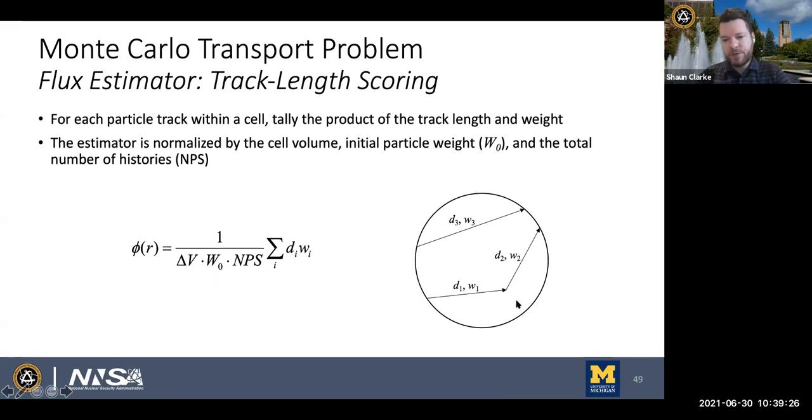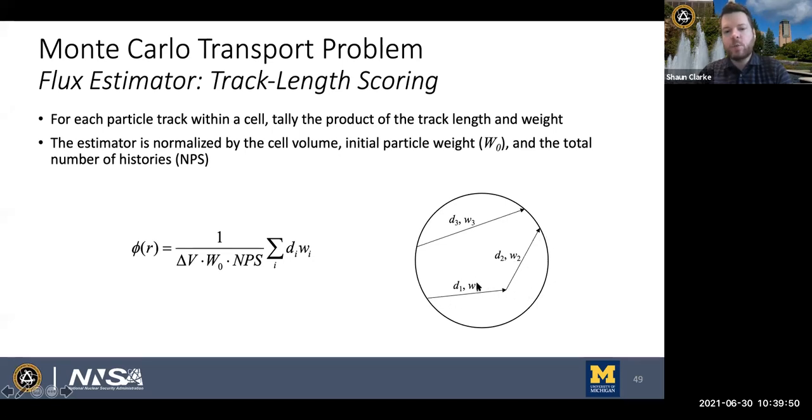The circle here is the volume inside of which we're interested in tallying flux, and here is the recipe, which gets applied for every particle track, every history in the problem. The approach is to take a sum of the distance, d sub I, which is the distance that each track spends in this volume.